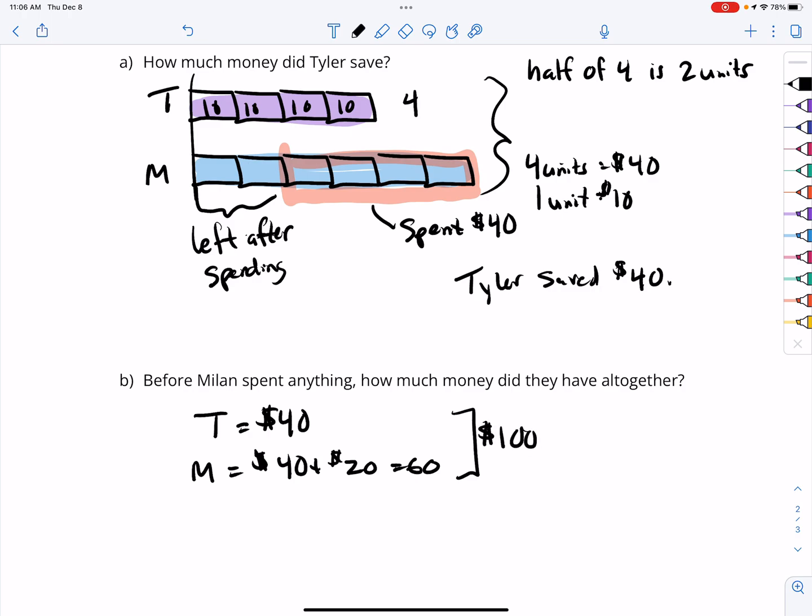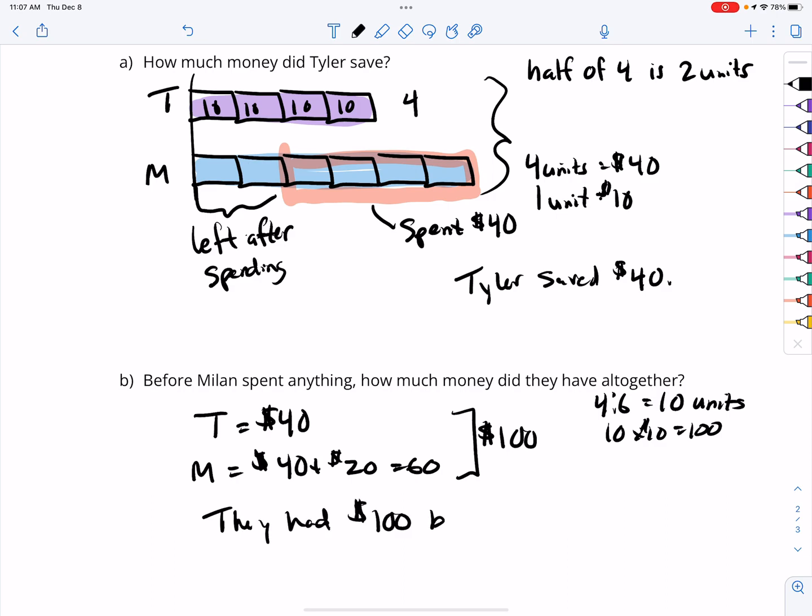Or if you check it, we have 4-to-6 ratio is a total of 10 units. 10 times 10 is 100. So they had $100 before Millen spent anything. Awesome.